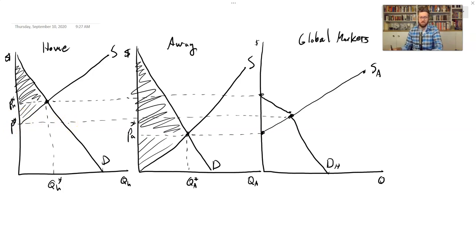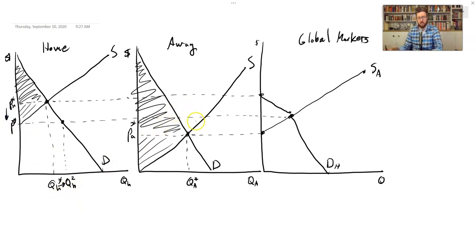So what happens at this new global price? Well, demand goes to here, and so the quantity consumed rises to QH2, and the price falls to this new international price.